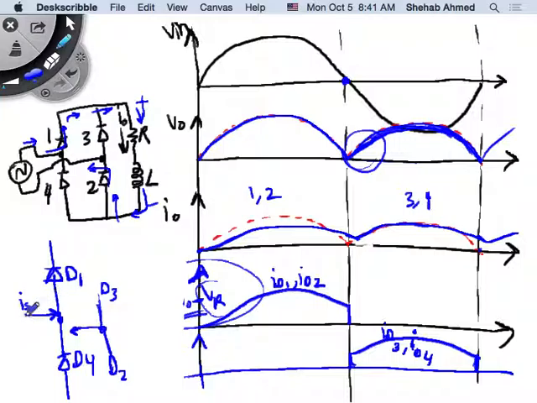Current is going to come into this node from the supply and then out through D1. So this is ID1, and coming into this node is ID4. It can only come into the node because the diode is a unidirectional device, right? So IS plus ID4 is equal to ID1. So IS is equal to ID1 minus ID4.